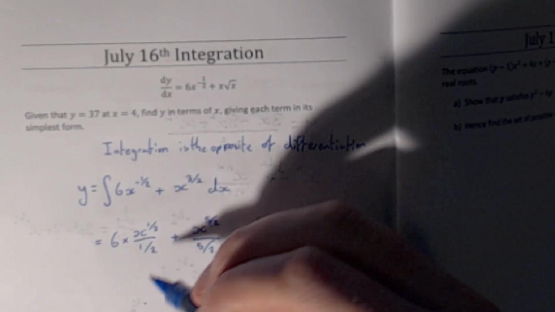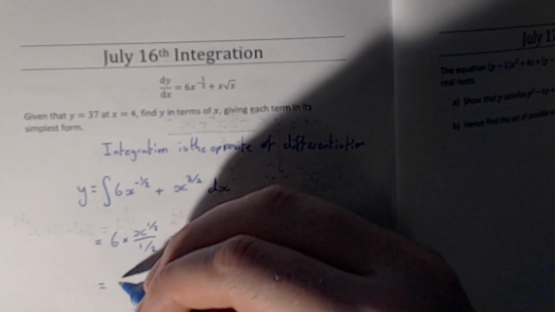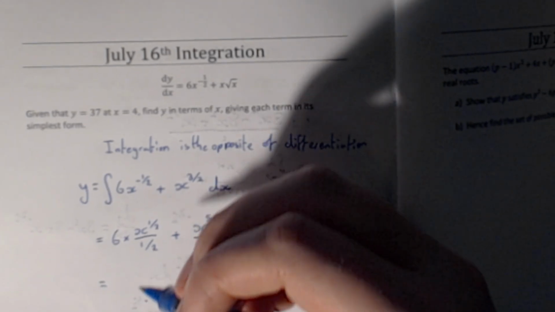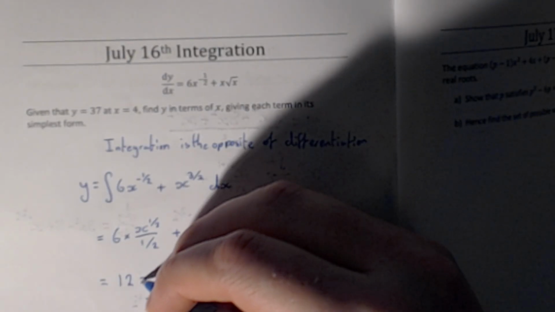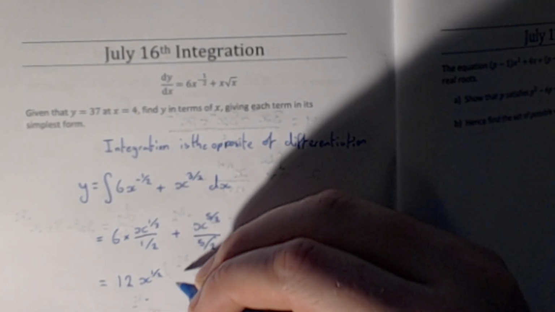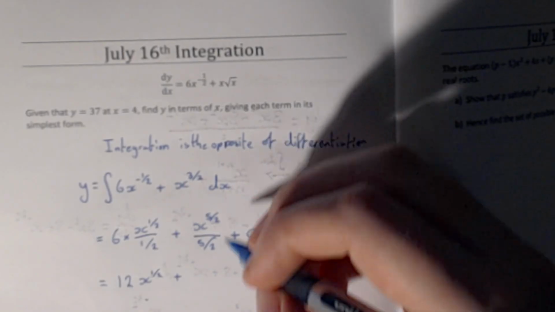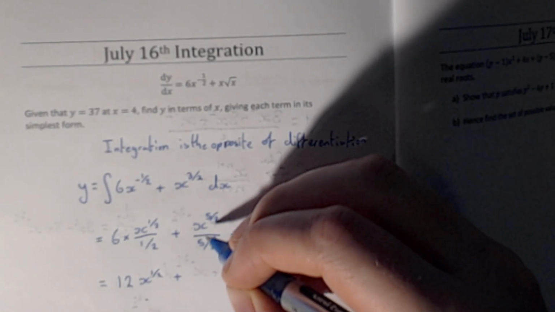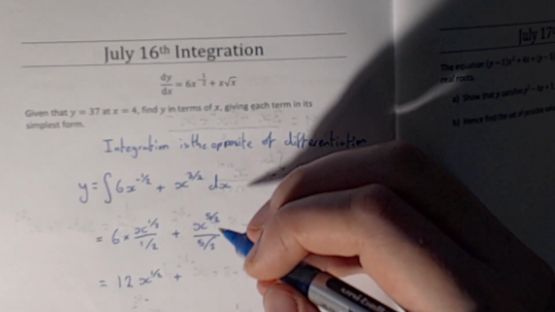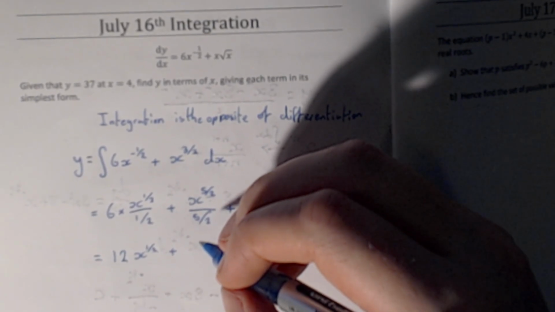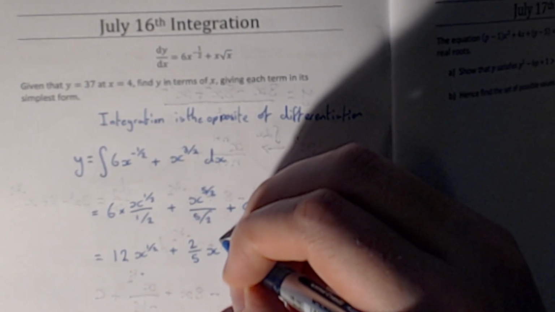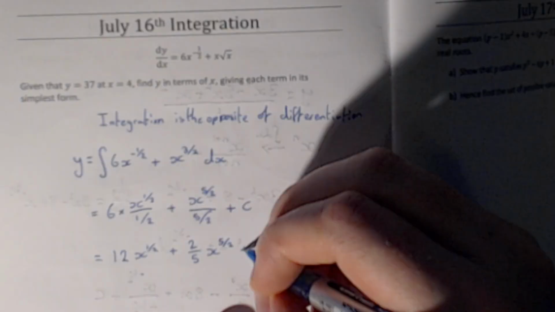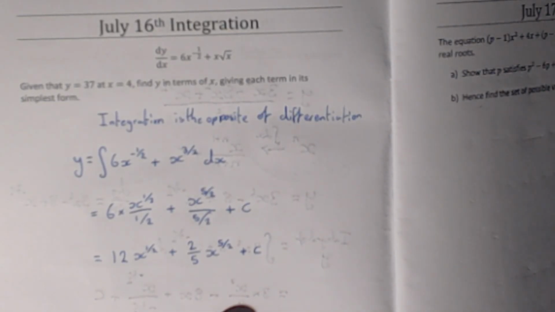Okay, so let's simplify this down a little bit. Division by a half is the same as multiplying by 2, so this becomes 12x to the half. And we're going to add to this division by 5 over 2, that's multiplying by 2 over 5, so from our fraction rules, 2 over 5 x to the 5 divided by 2 plus c.